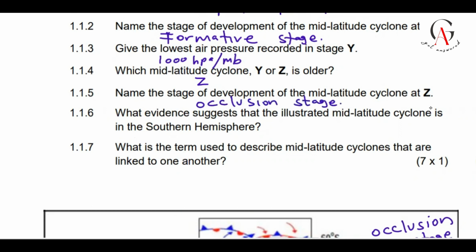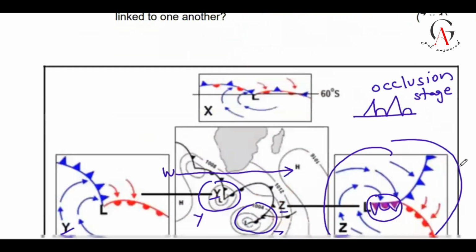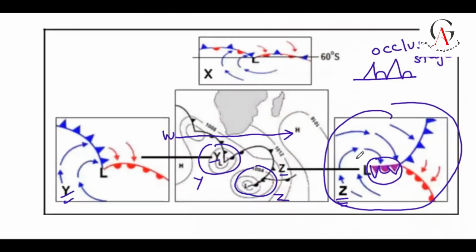All right. Number 6, what evidence suggests that the illustrated mid-latitude cyclone is in the southern hemisphere? So how do we tell that the mid-latitude cyclone is situated in the southern hemisphere?